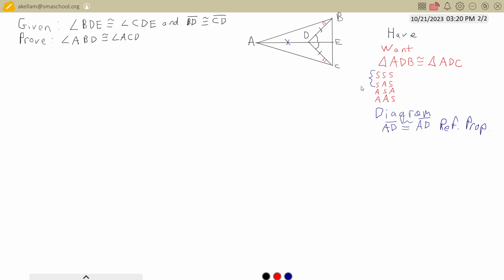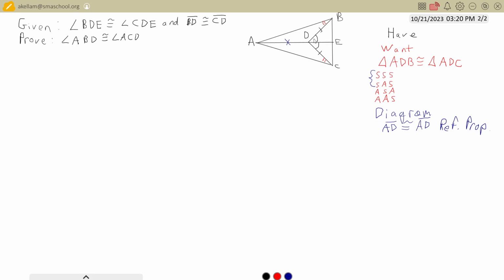And this is where I have to make a decision. The way I'm going to make this decision is based off of my given information. So I'm going to come up here. I have BDE is congruent to CDE.